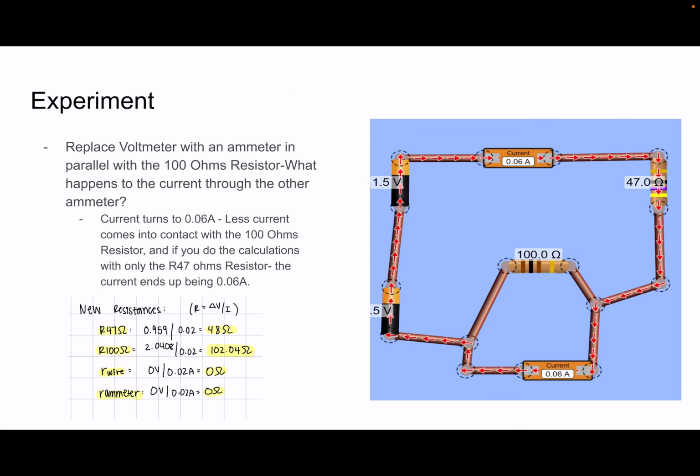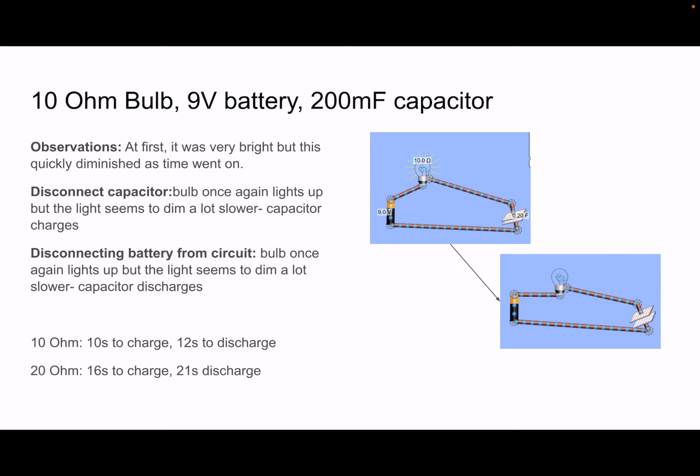And if you do the calculations with only the 47 ohm resistor, the current actually does end up being 0.06 amps. And so the new resistances with delta V divided by I: the 47 ohm resistor becomes 48 ohms, the 100 ohm resistor becomes 102.04, and everything else still equals 0.